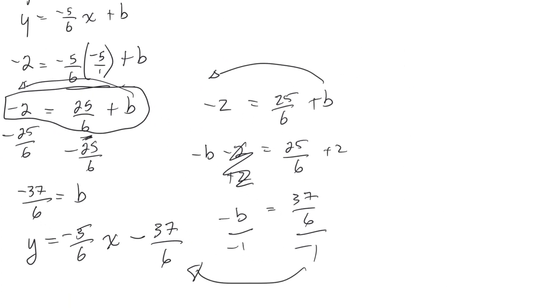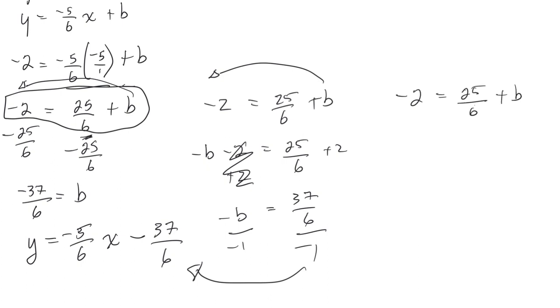The other thing some people do at that point, -2 equals 25/6 plus b. If you like to have b on the left-hand side, you could do a wholesale swap. So just take this and write it on the left side and leave all the signs the same, and then take this and move it over to the right side.